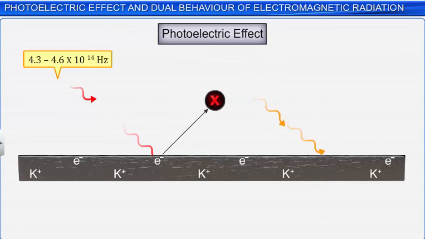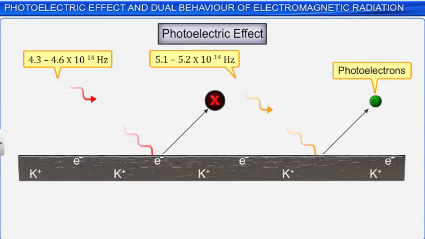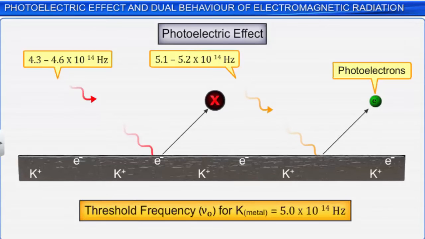But as soon as it is irradiated with even less intense light having frequency of 5.1 to 5.2 multiplied by 10 raised to the power of 14 Hz, photoelectrons are ejected. This is because the threshold frequency for potassium metal is 5.0 multiplied by 10 to the power 14 Hz.